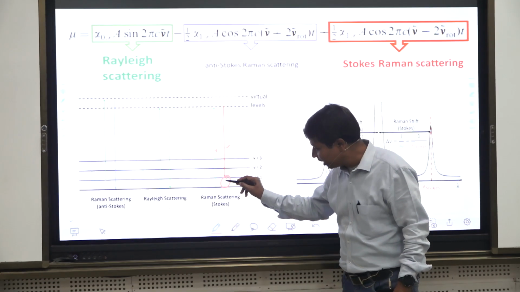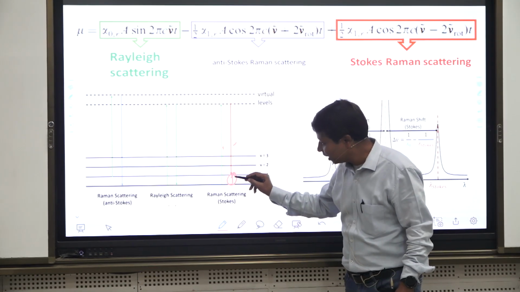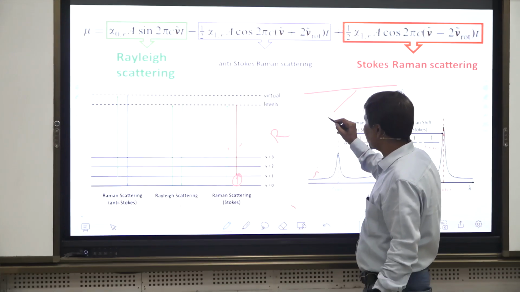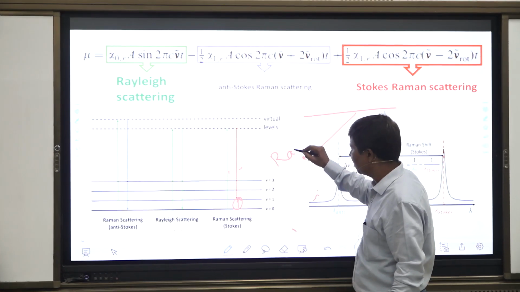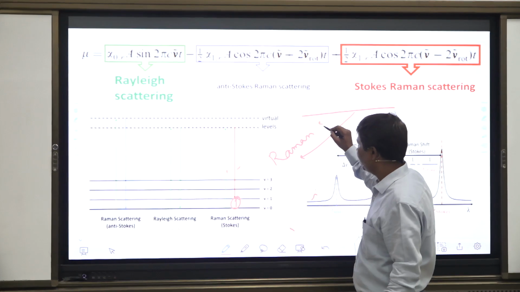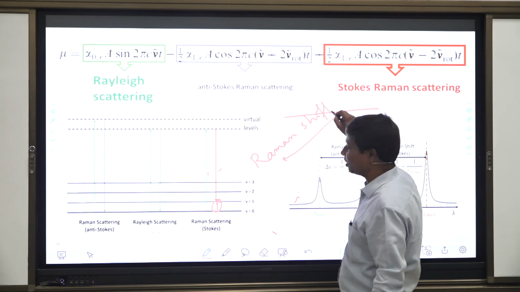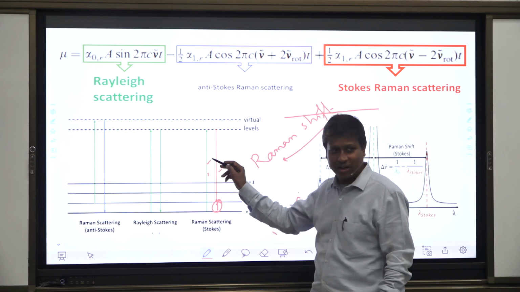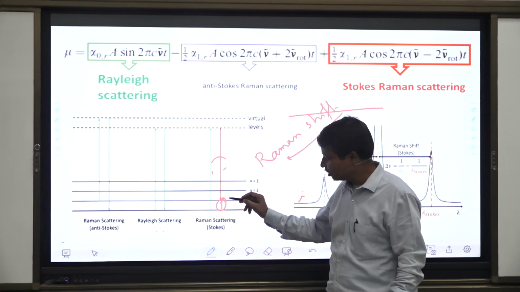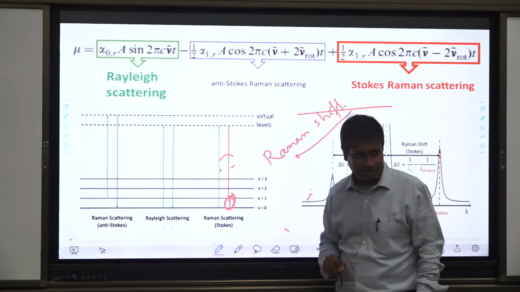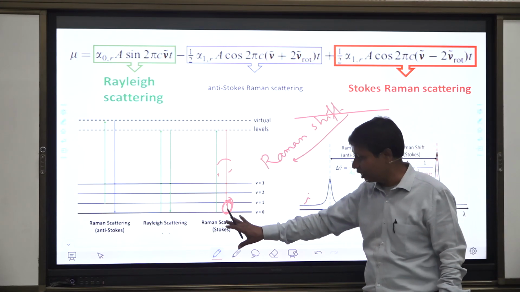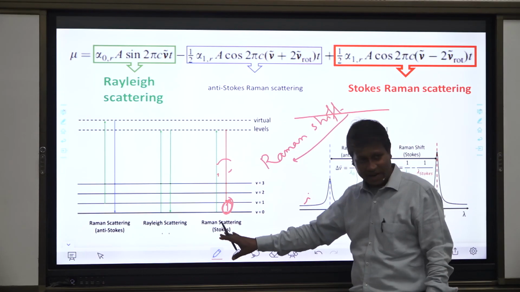So the band will be this one. That is why in the Raman spectrum, this axis is known as Raman shift. It is the shift from whatever energy you have given, and how much shift. The shift is this one. So this is known as Raman shift. This is the Stokes scattering.